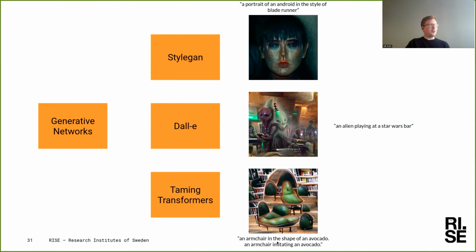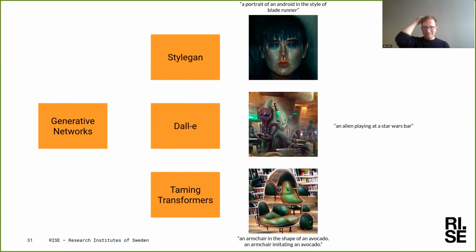I'm trying to get it to generate a chair that is somehow inspired by an avocado, and I think it kind of works. To me this is quite fun, because you get to take all these pre-trained models and combine them like Lego bricks.